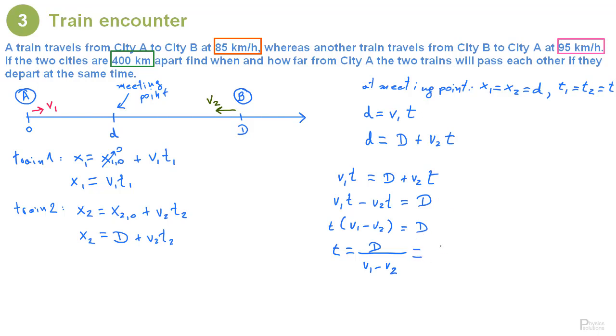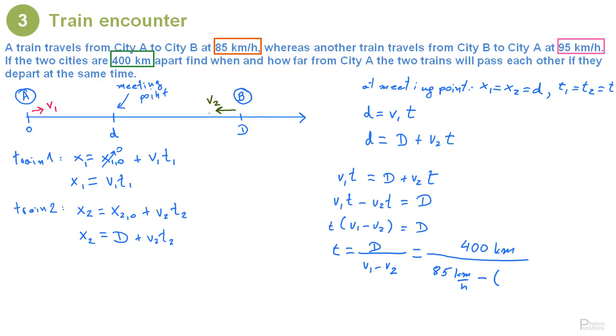And there we have an expression for the time. And now we can plug the numbers. So D, we know, is 400 kilometers, because that is how far apart the two cities are. v1 is the speed of the first train, 85 kilometers per hour, minus, and here I'm going to use a parenthesis because we have to be careful. The second train, as shown in the cartoon here, is moving from right to left.